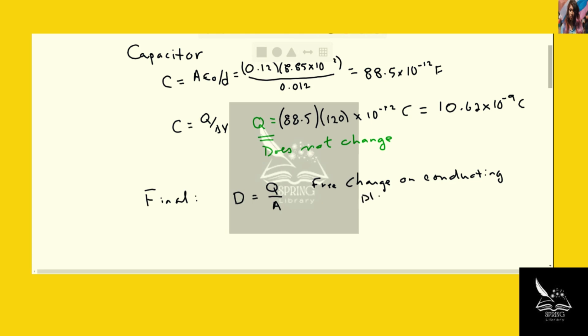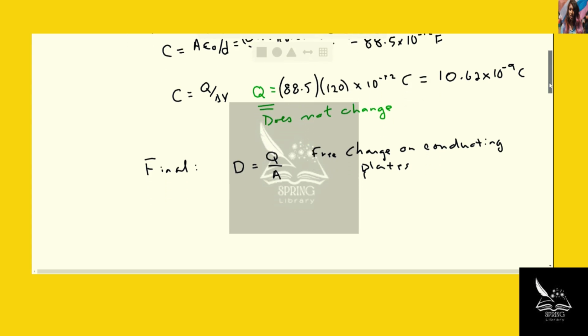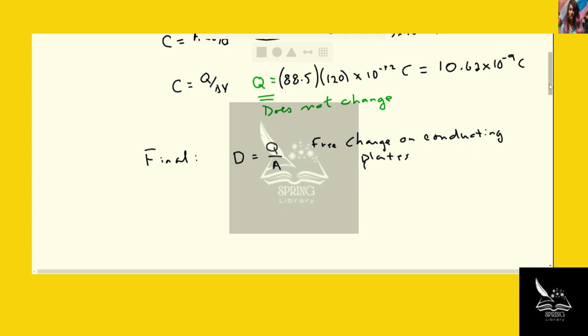It doesn't have to be on a conductor. It could be floating around as a point charge in space, but usually with parallel plates, that free charge is sitting on your conductor plates. The displacement field depends only on that, and it is related to the electric field through the dielectric medium: the dielectric constant times epsilon naught times E is equal to D.